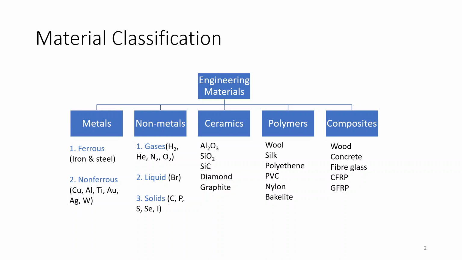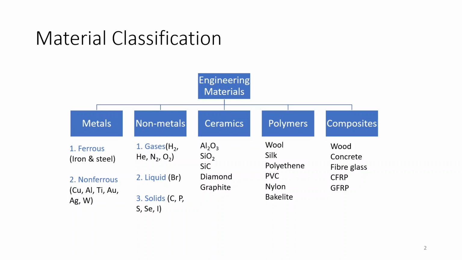So firstly, material classification. Engineering materials, basically the solid materials mainly that are used, are classified into 5 categories, depending on the bonding between them. In case of metals, you have metallic bonding. These can be further classified into ferrous and non-ferrous.